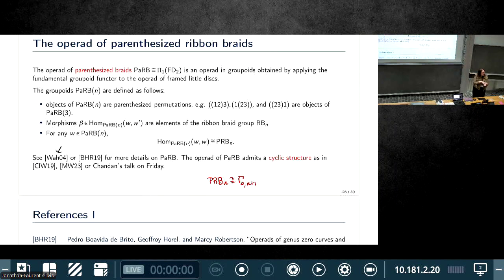So there is a relationship between ribbon braids and surfaces. You would want the cyclic structure on your operad groupoids to be the same one you're seeing on surfaces, but that comes from a very unintuitive place. I will try to make it more intuitive, but to be honest, it also confuses me. It's the thing that works, but it didn't strike me as particularly obvious. Okay, so now let's thank Marcy again.